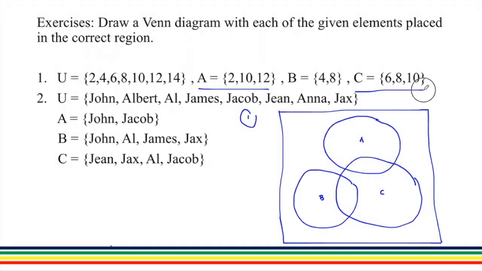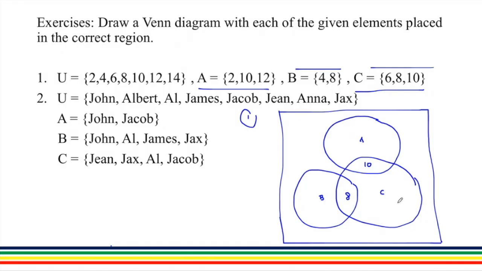We have 10, so their intersection should have the element 10. How about the intersection of B and C? They have 8 as the intersection, so we'll place the element 8 in their intersection.